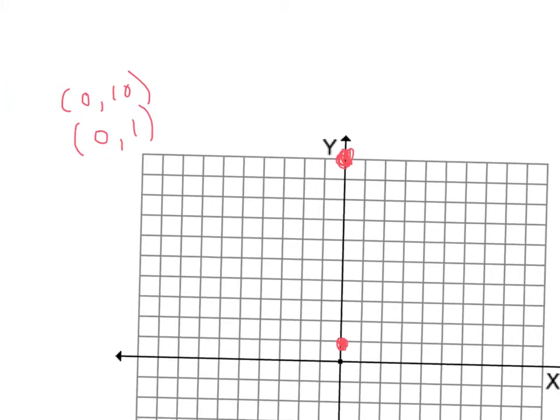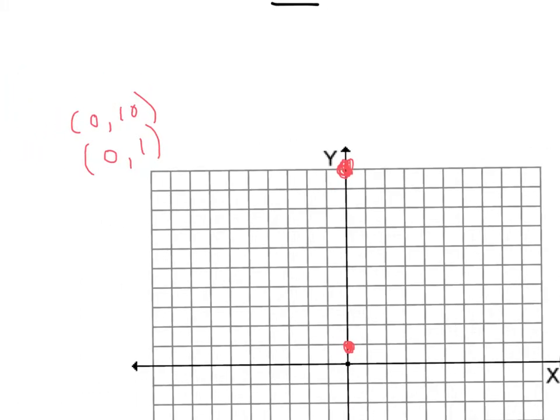We wanted all the y values of 10. So ignore this. If you went over 1 and up 10, you would have the ordered pair (1, 10). If you went back a few, you could have (-3, 10). You'll see all those points have y values of 10, and if you draw a line through them, you in fact have a horizontal line.